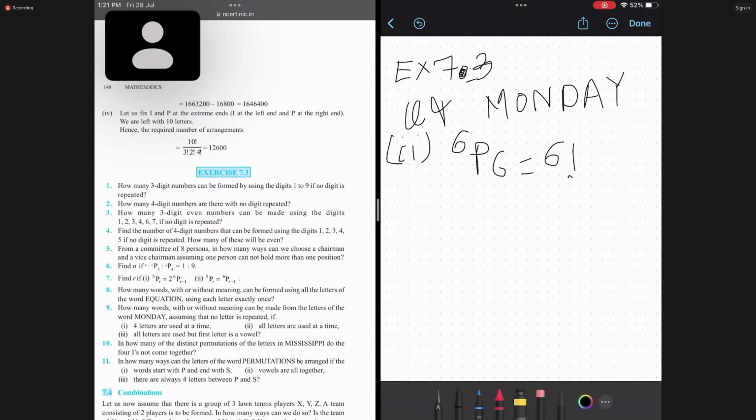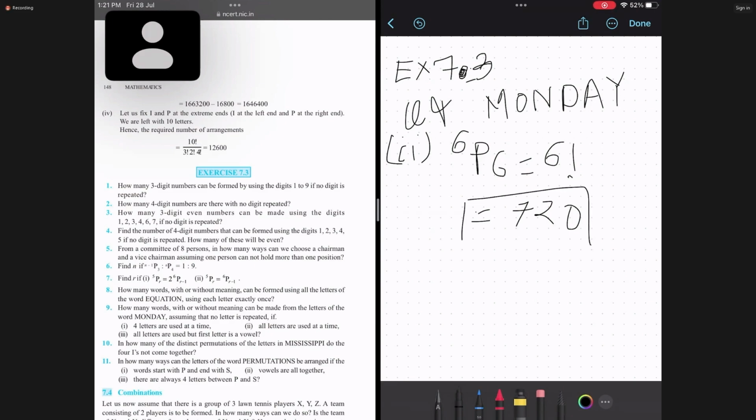As we saw, 6 minus 6 is 0 factorial, which constitutes 1, but it does not constitute a divisor. So that is nothing but 6 factorial, which is 720. So 720 distinct words are possible, right?